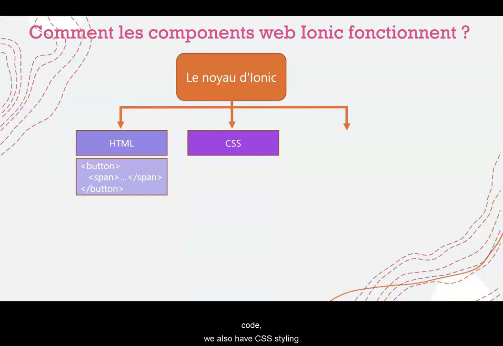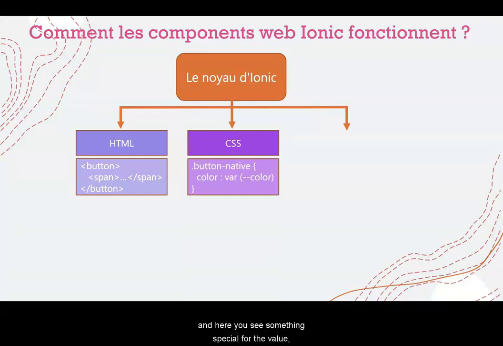We also have CSS styling, and here you see something special for the color value. This is a CSS variable that facilitates the styling of this web component from the outside and the application of a general theme. We will dive into that more closely in the styling and theming part of the course.